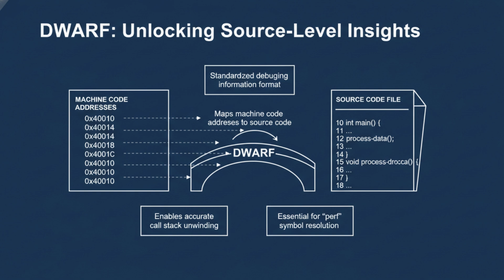It provides a rich mapping from compiled machine code addresses back to the original source code: file names, line numbers, variable names, and function signatures. Without DWARF, perf can only provide basic function names or memory addresses, making it incredibly difficult to pinpoint the exact line of code causing a performance issue. DWARF bridges this gap, allowing perf to present human-readable call stacks.